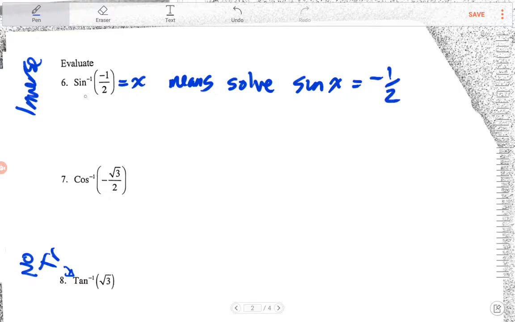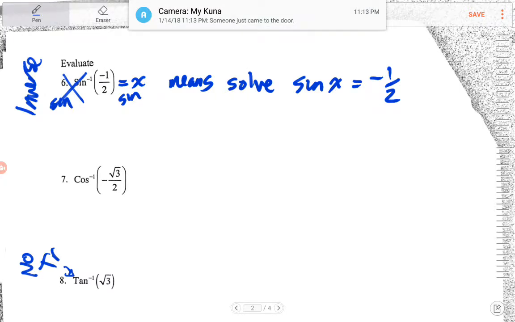From this original problem, because you see arcsine there, let's do the inverse, which is let's sine both sides. And so that's why we see that sine of x is equal to negative half, because those would end up canceling out.